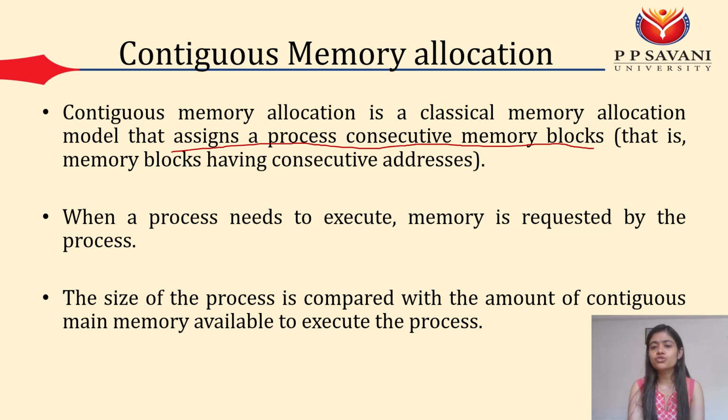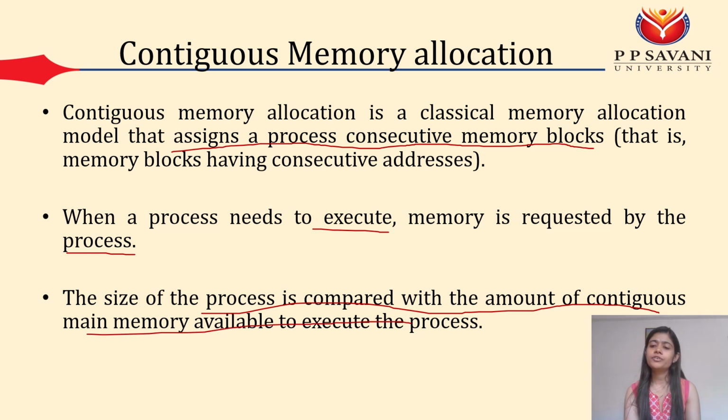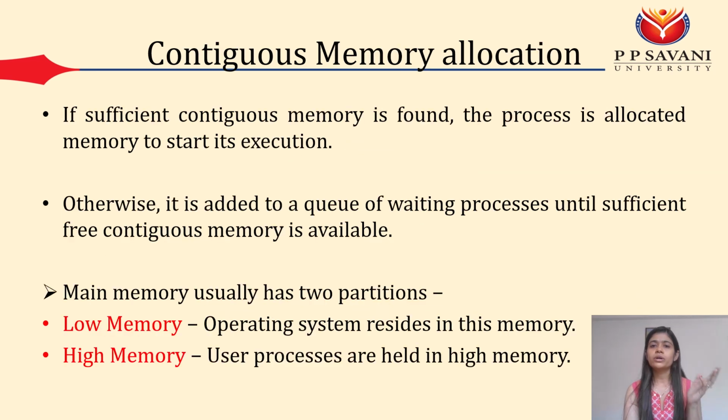When a process needs to execute, memory is requested by the process. The size of the process is compared with the amount of contiguous memory available, and after analyzing it, the operating system allocates memory to the process. If sufficient contiguous memory is found, the process is allocated and starts its execution.